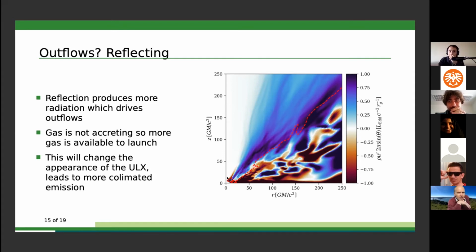But why is it not symmetric about 0 and pi? That's a good question, and I'm not entirely sure. I tried to measure the asymmetry as a function of time, and it actually bounces back and forth. Sometimes you have more radiation in the northern hemisphere, sometimes you have more in the southern hemisphere.